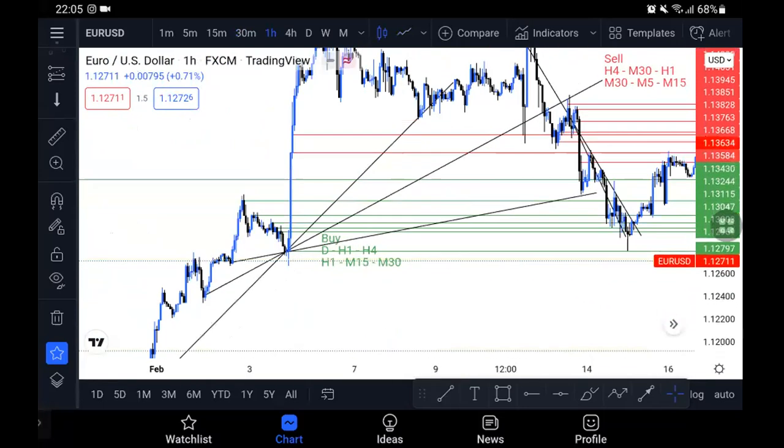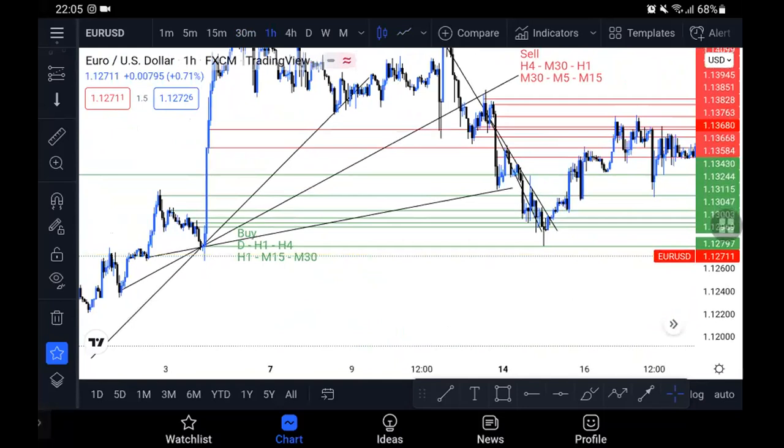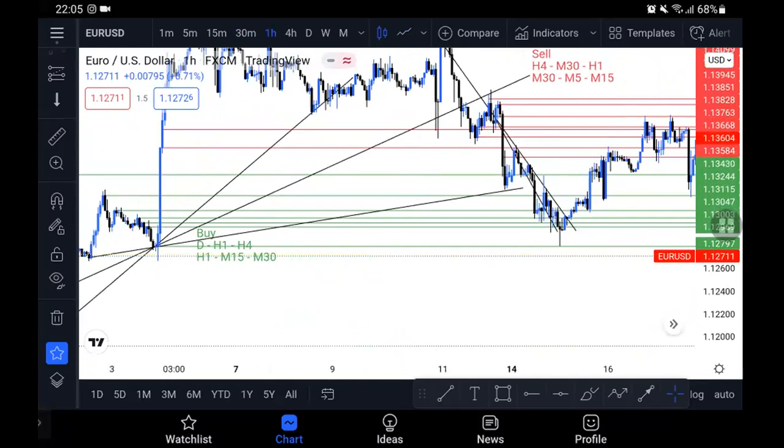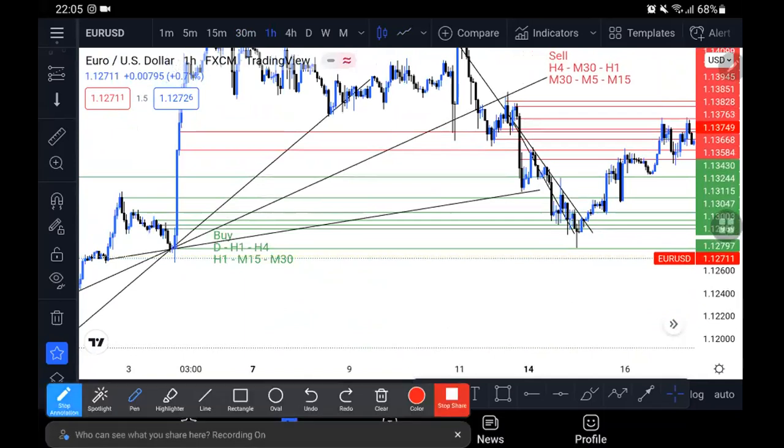So for the example in the market, okay, we have this. This is our logical area to entry, which is starting from here.